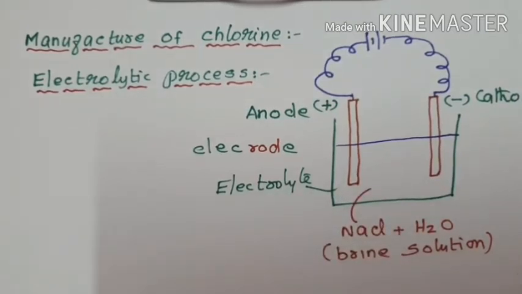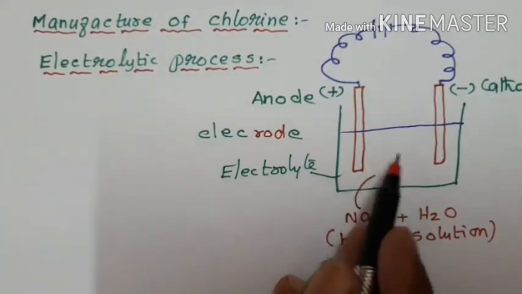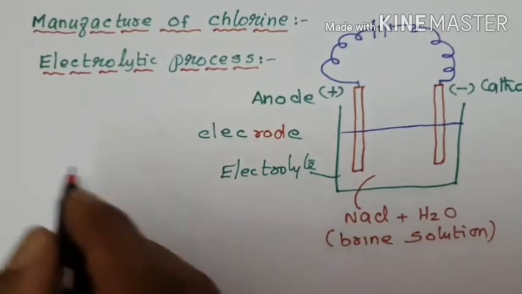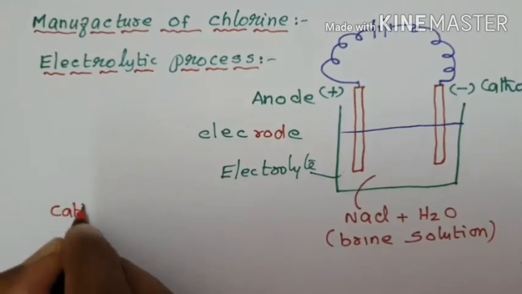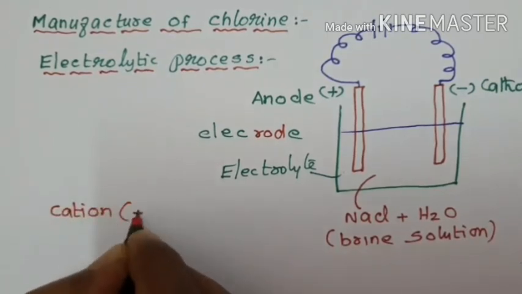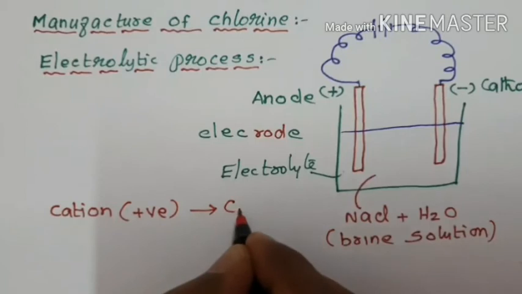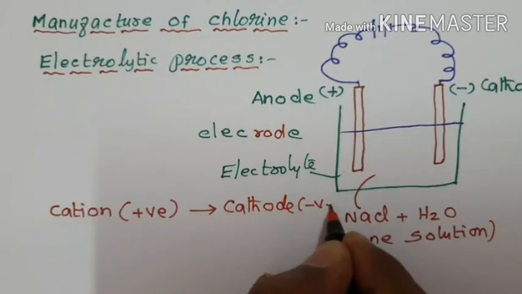So, what happens when current is passed through the solution? When current is passed, the sodium chloride solution undergoes ionization and produces the respective ions. The cation, which is positively charged, always moves towards the cathode, which is negatively charged.